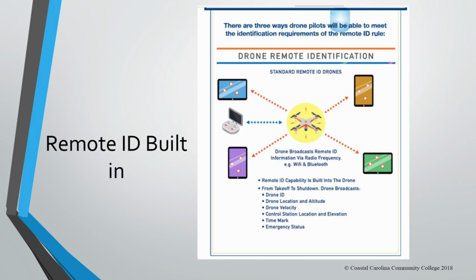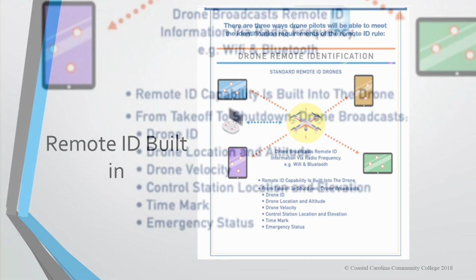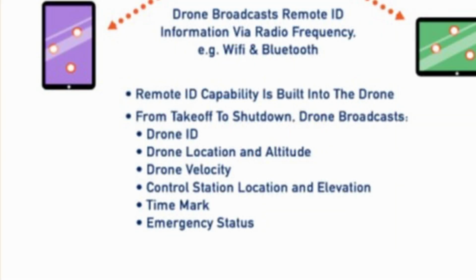If you have a standard remote ID, which is built into the system, then it includes the ID of the drone, location, altitude, velocity, where the control station is, how high the control station is, time marks, and emergency status.